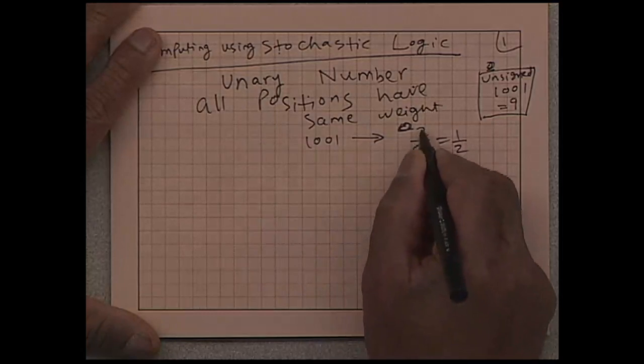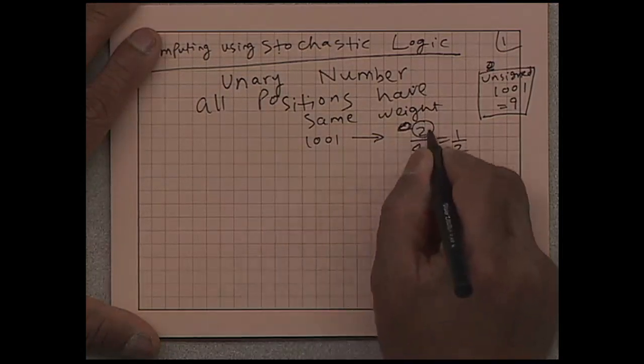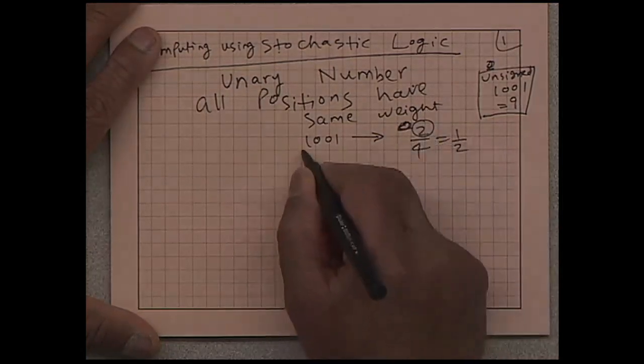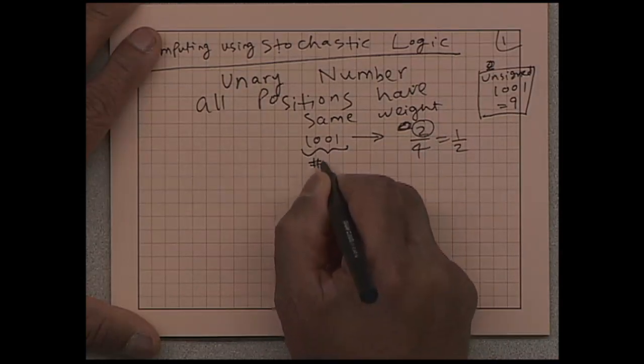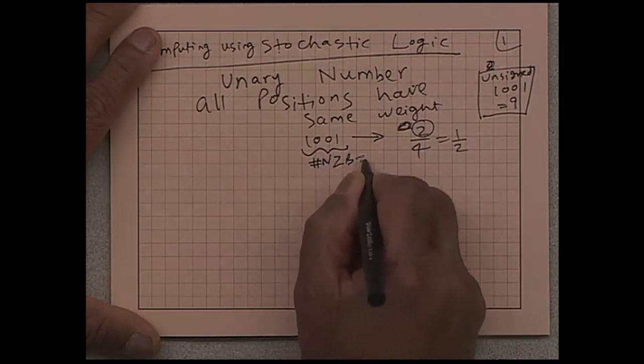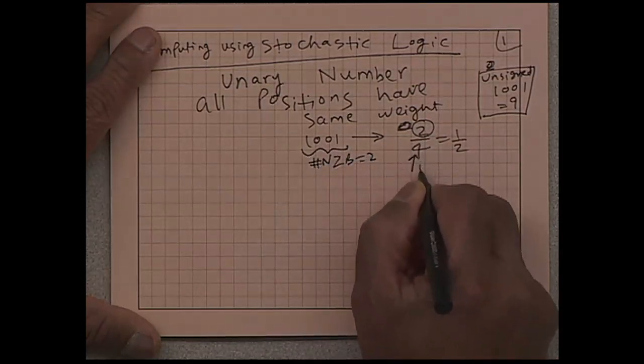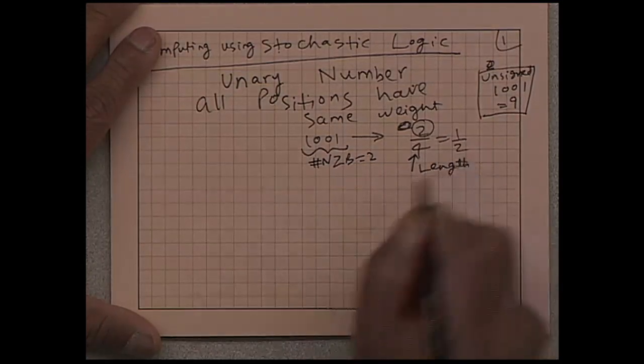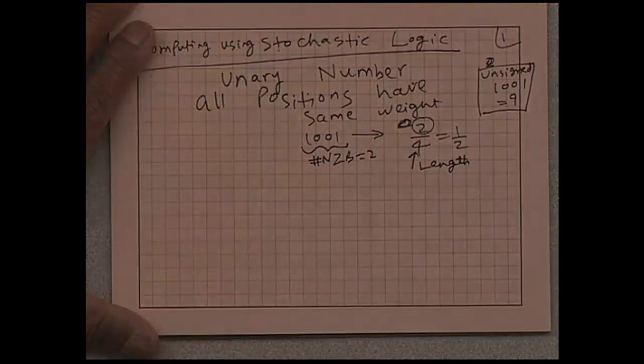Why 2? What does this 2 mean? That's the number of non-zero bits. So you count the number of non-zero positions, which is equal to 2. The total length of the bit stream is 4. So the value of the number is 2 by 4.